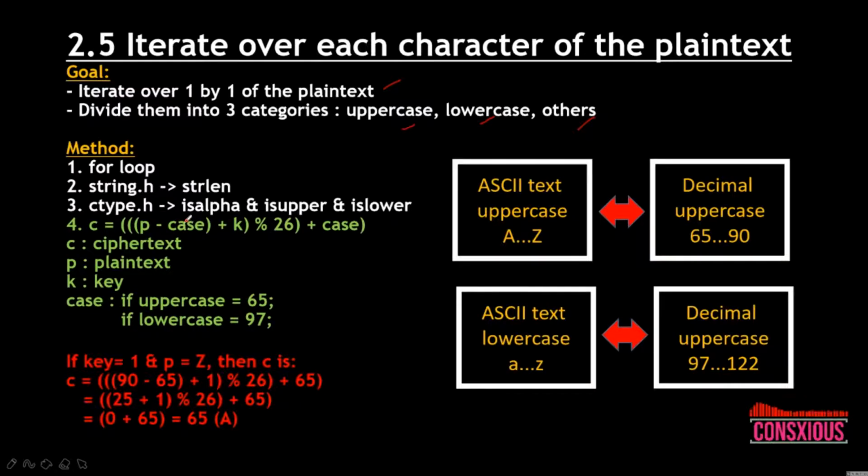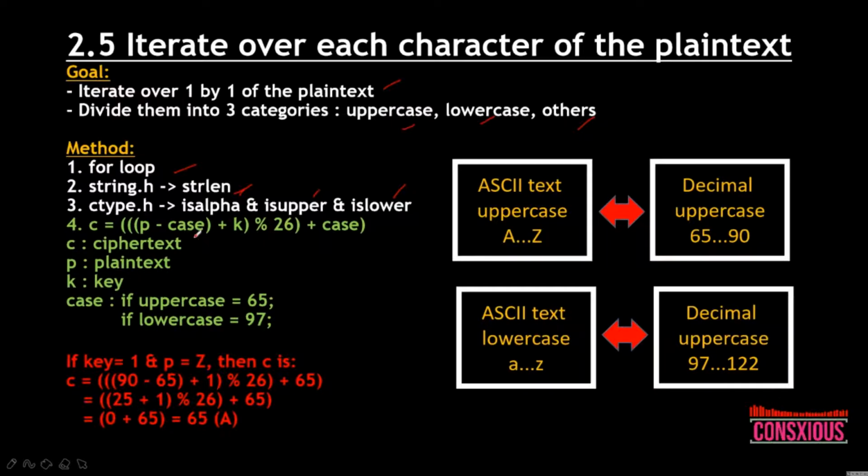So we use some methods here: the for loop, string.h strlen, ctype.h isalpha, isupper, islower. You see some new formula here. Actually, I modified some of the variables from CS50. So c is ciphertext, p is plaintext, k is key.